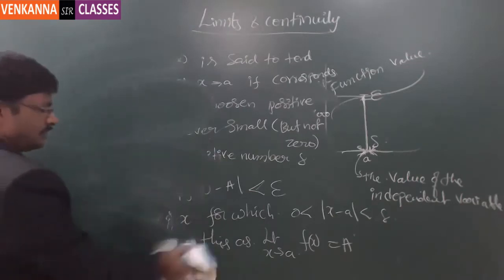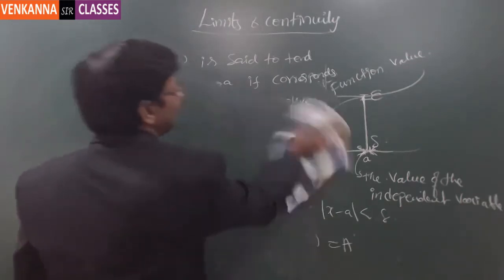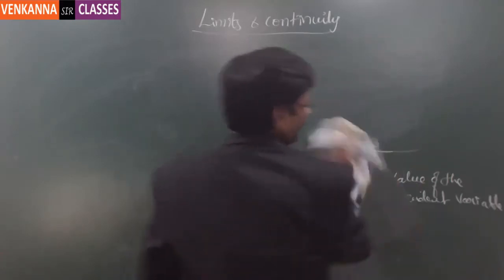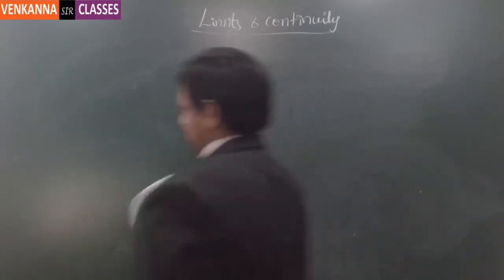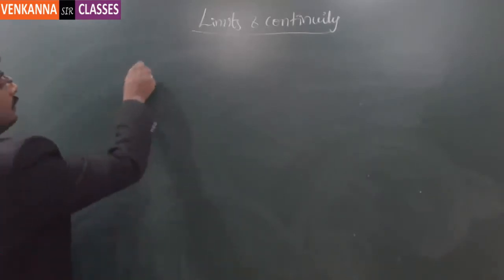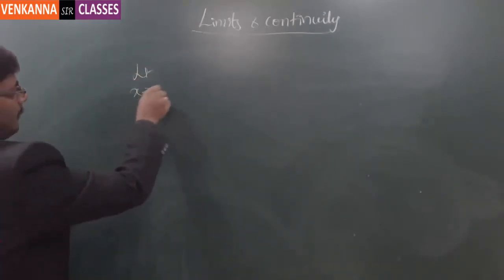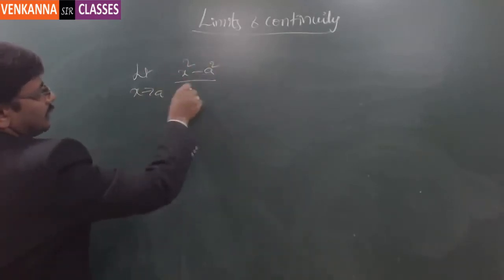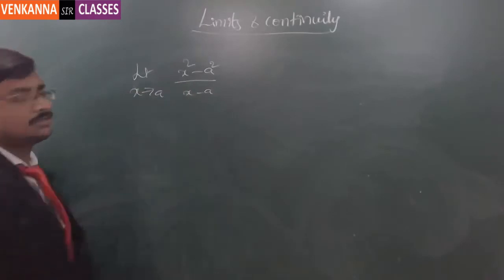Then, in the same concept of limit, let us do first one limit, and then we will discuss the indeterminate forms, because that forms a subset of these limits. Suppose I have this limit x tends to a, x square minus a square divided by x minus a. Now what is the limit of this?